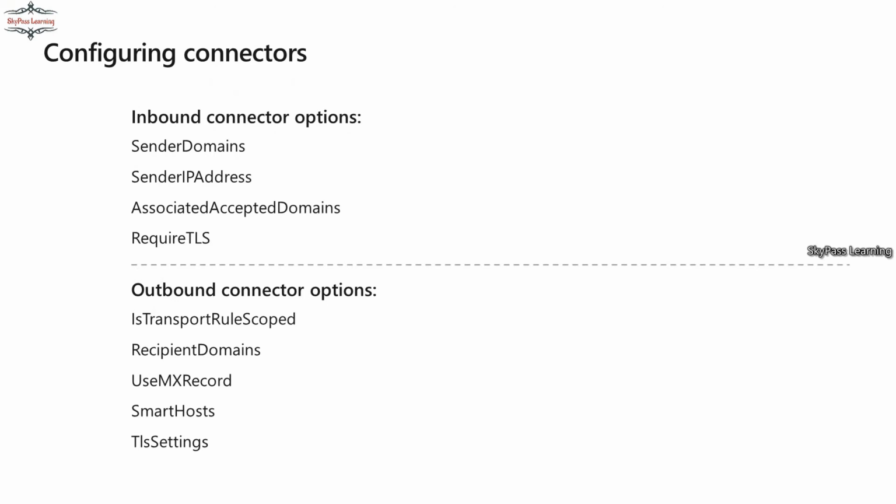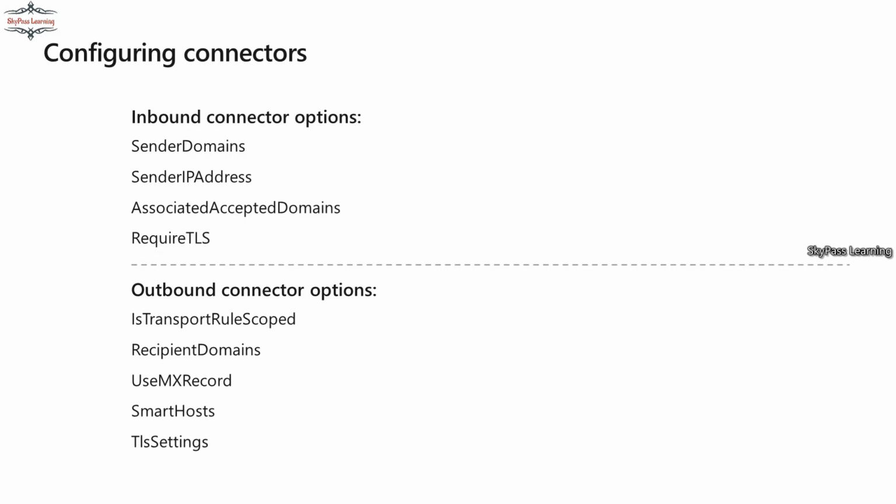But when you have a hybrid solution, at the time of hybrid configuration, the integration connectors of on-premises to cloud and cloud to on-premises will be in place automatically. You need not create them manually, because at the time of the hybrid configuration wizard, Exchange will create them.